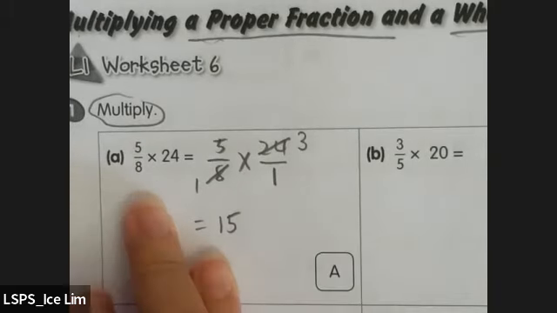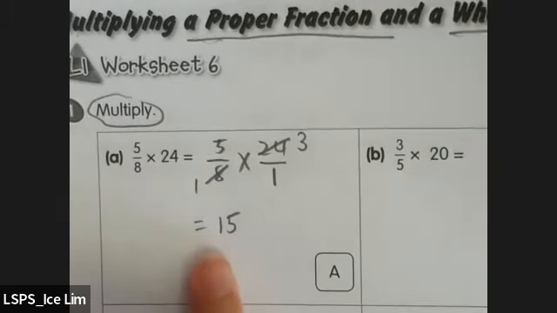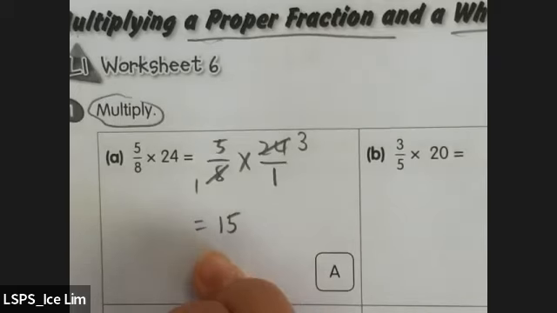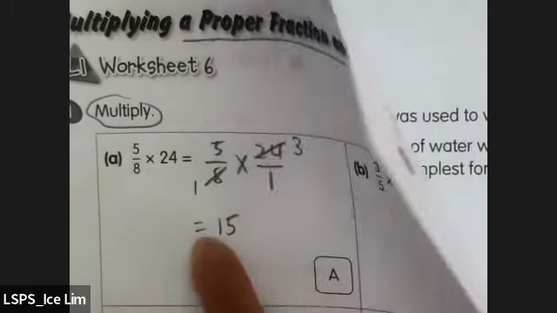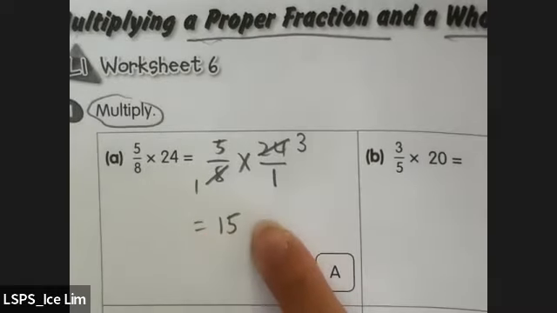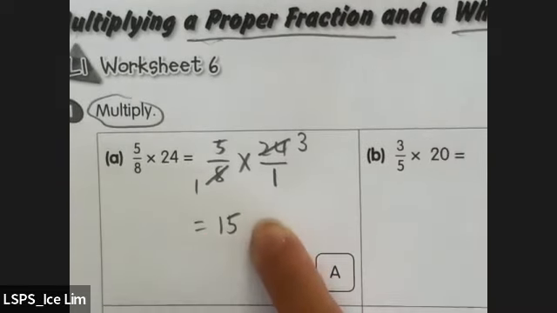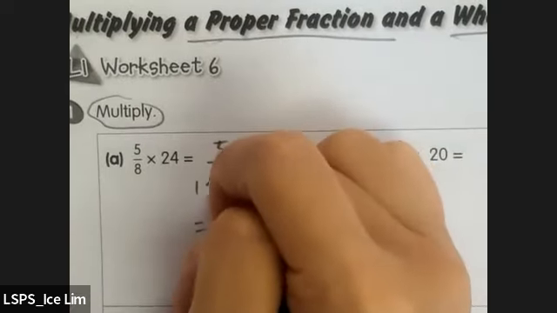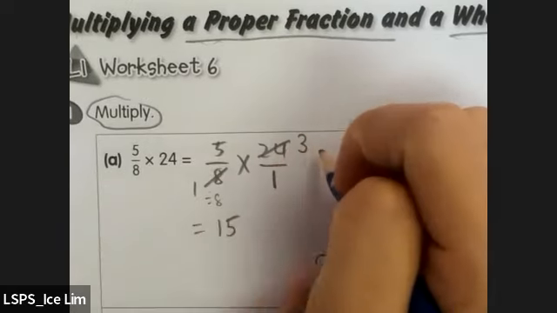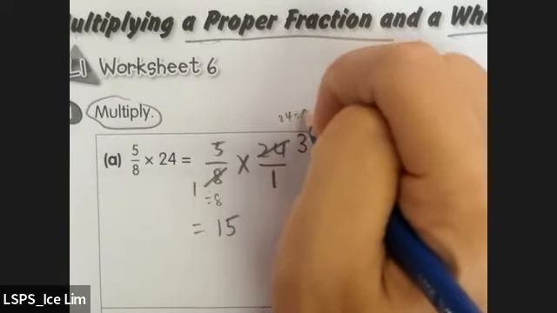How fast did I do this? Less than 10 seconds, right? Now you should be able to answer me. How come this one cancel can? Can you understand why cancel? I simplify, I'm doing division. So basically, I'm doing 8 divided by 8 and 24 divided by 8.